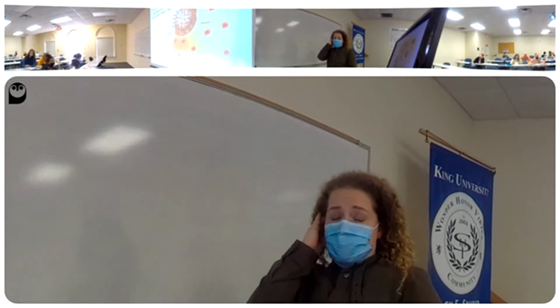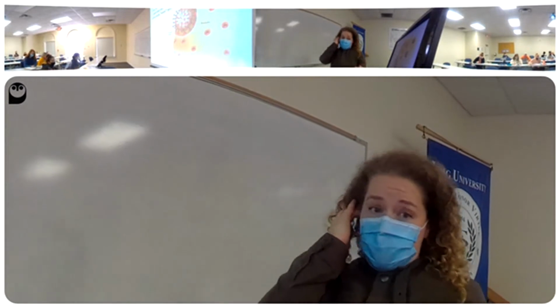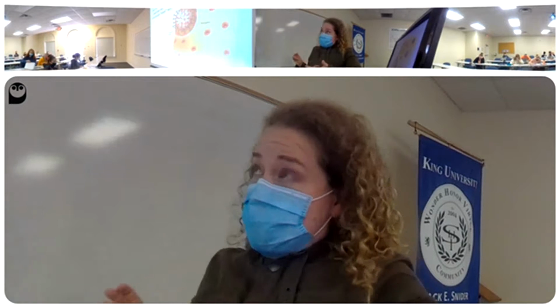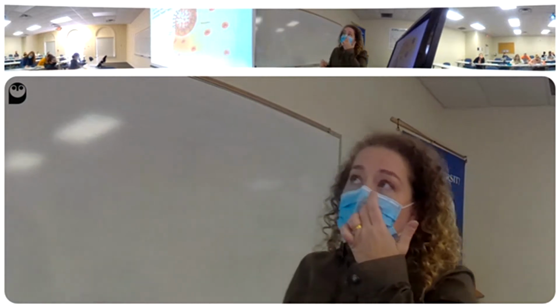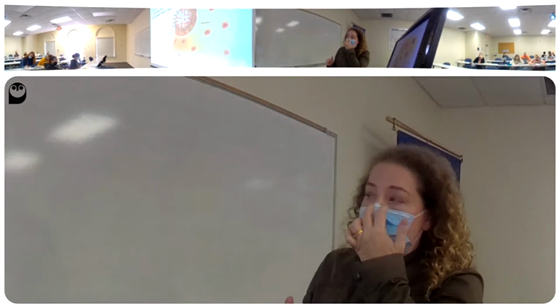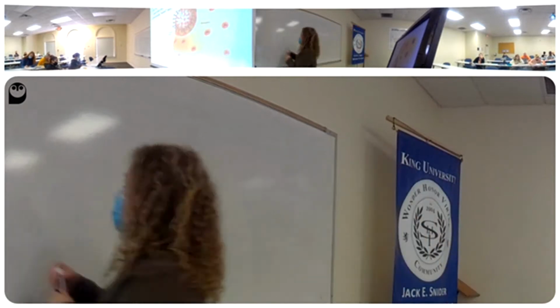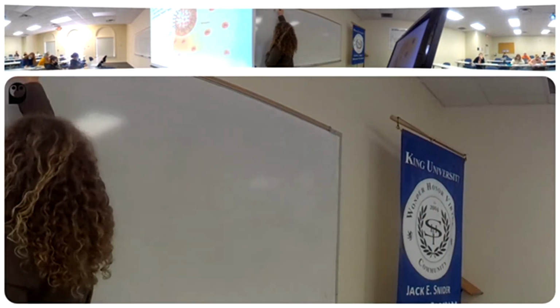Flu virus has an envelope and spikes and genome, of course, and capsid proteins. And flu virus has two different types of spikes.